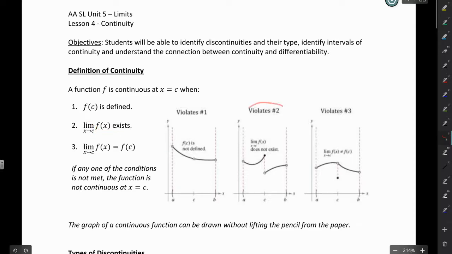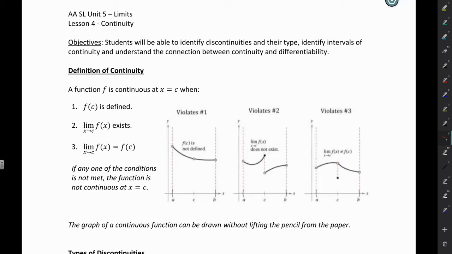Violating number 2, we have a picture demonstrating when the limit as x approaches c of the function does not exist. We have a jump discontinuity. The third condition is that the limit as x approaches c of f of x has to equal f of c. The two should equal. Right now, here's f of c, and here's the limit as x approaches c for that function, and they're different.